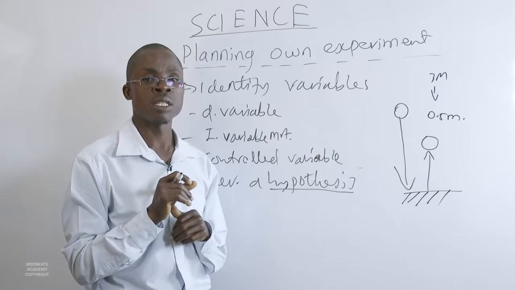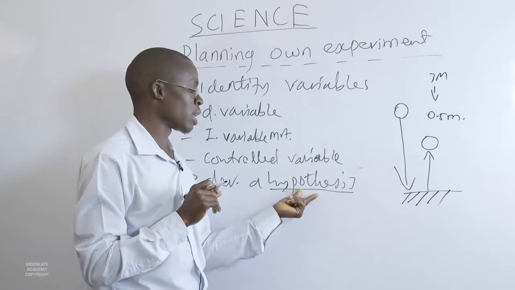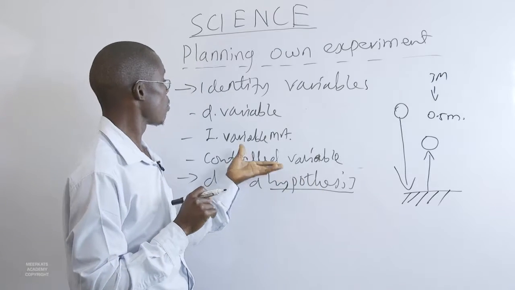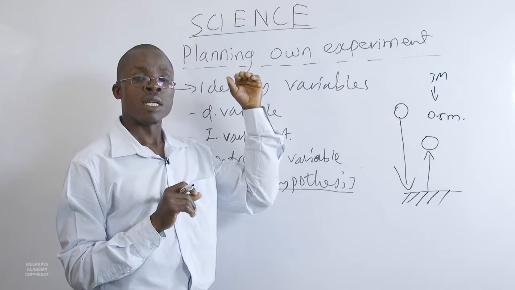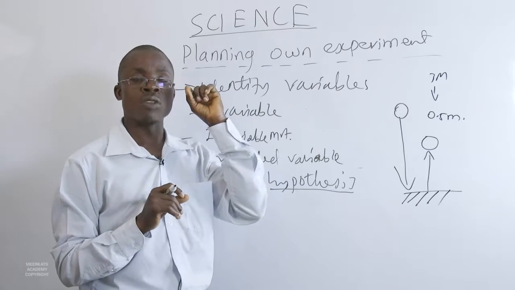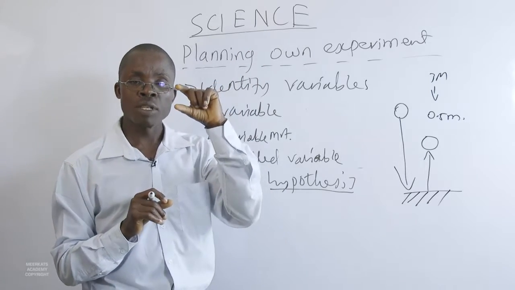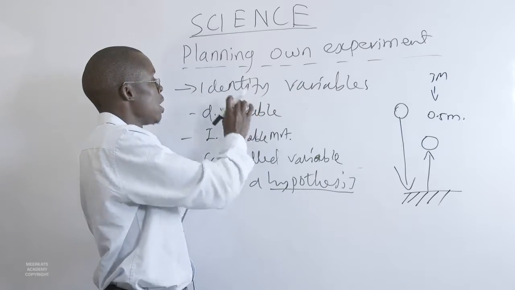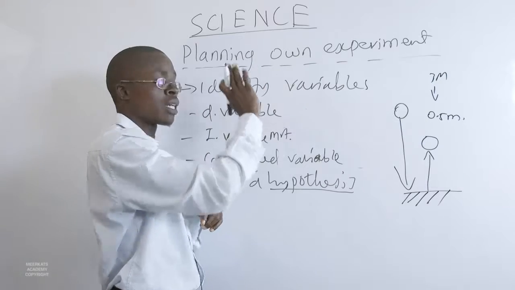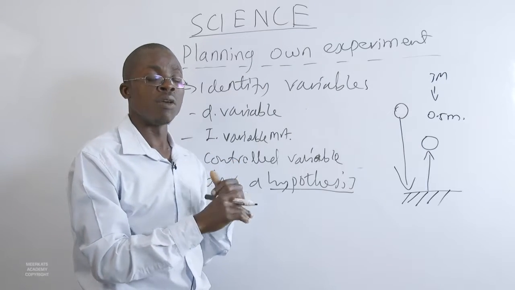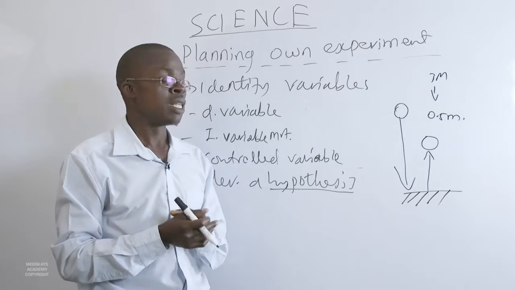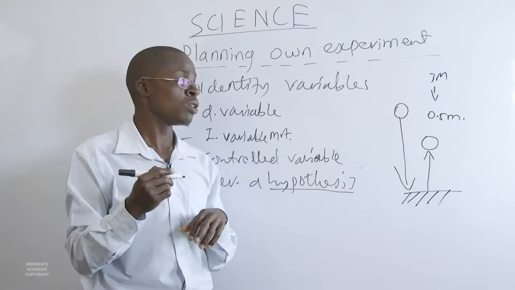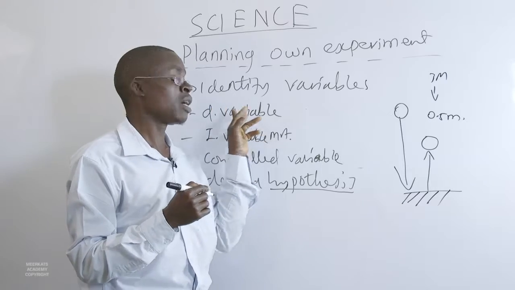I jumped that part intentionally because that's the point we are discussing at the moment. Before the aim of the experiment, you will obviously have identified the variables in that experiment to see if it is fit. Then out of that, you narrow down to a particular variable.